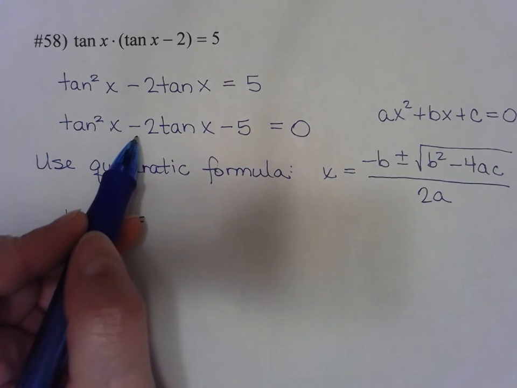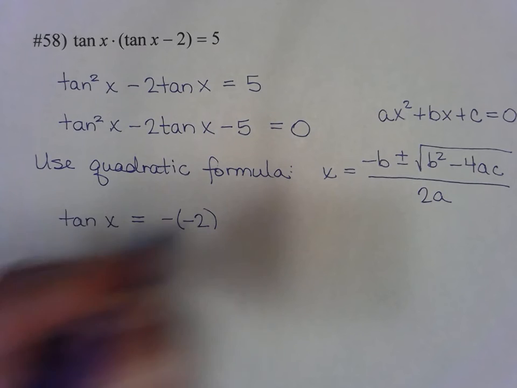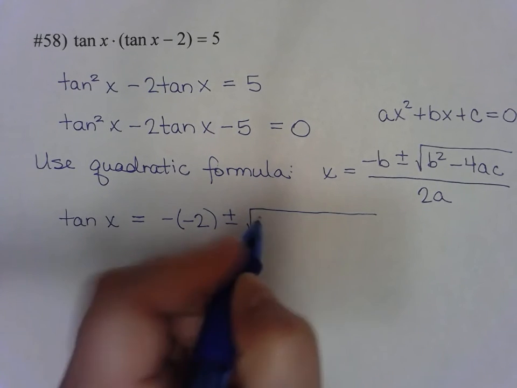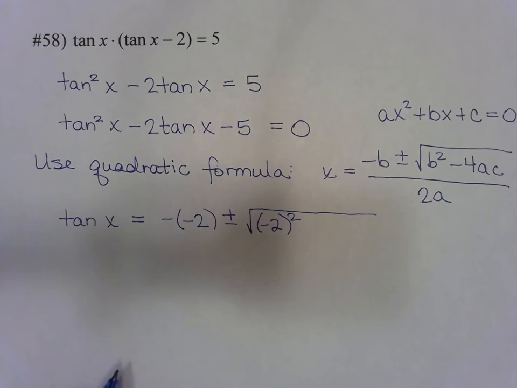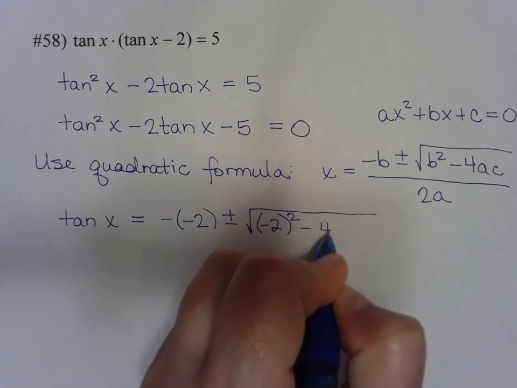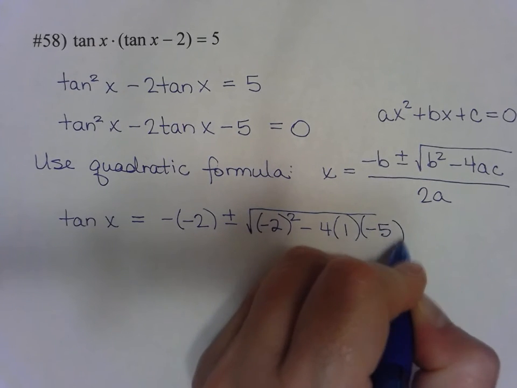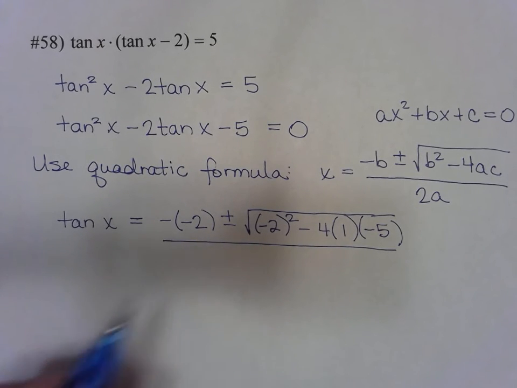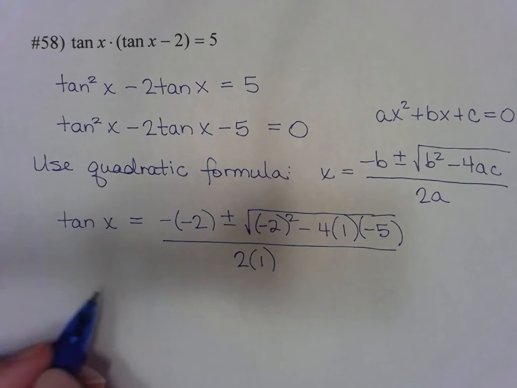So we have the opposite of b. I'll write it out just so it's clear. Plus or minus the square root of b squared, so negative 2 squared, minus 4 times a, which is 1, times negative 5, which is c, all over 2 times 1.